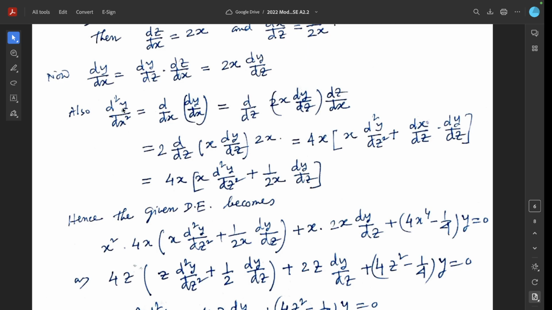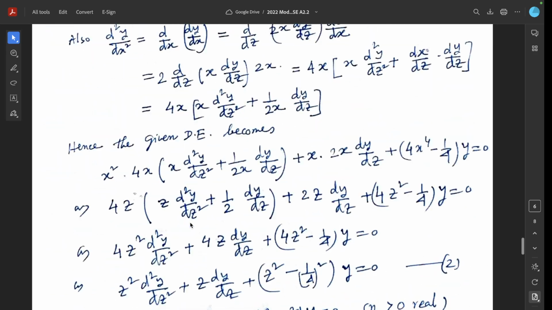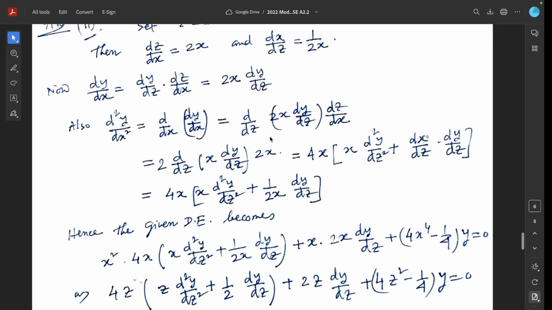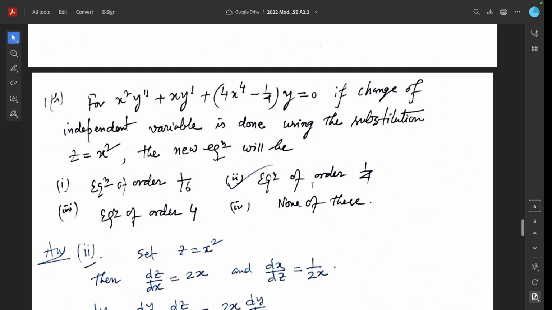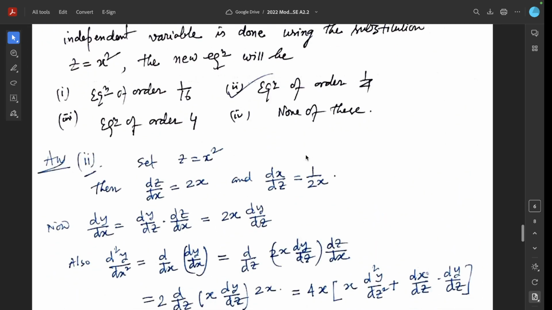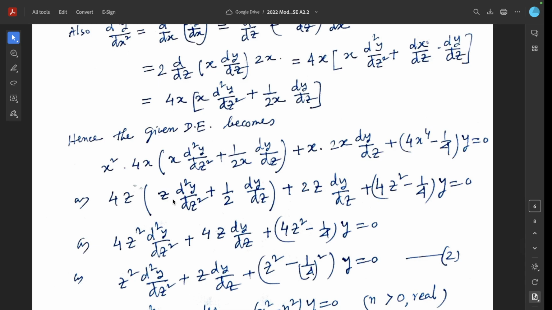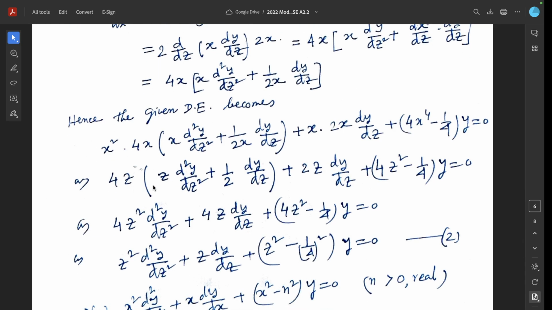So x square y double dash, this is d2y/dx square, this is the value of y double dash, plus x y dash, where x into y dash is twice x dy/dz, and 4x to the power 4 minus 1 by 4 y. Put x square equal to z.